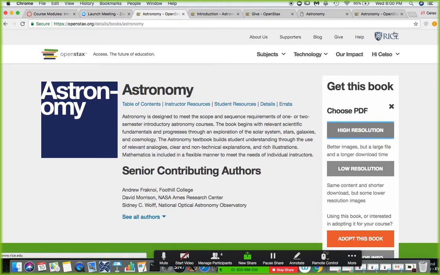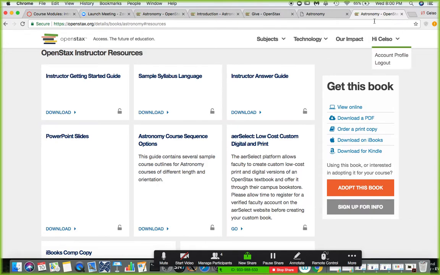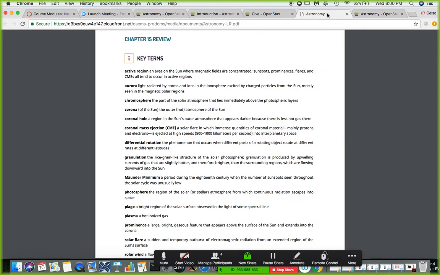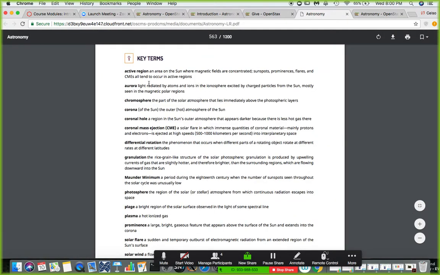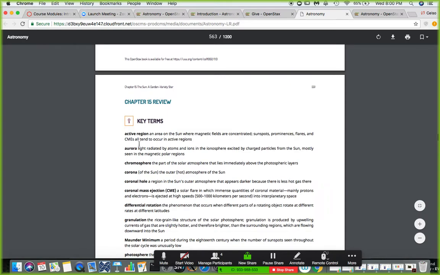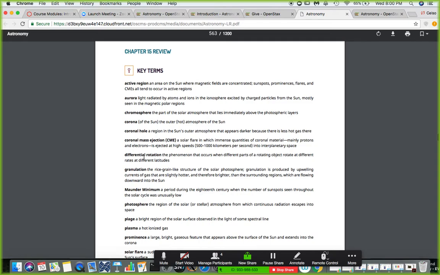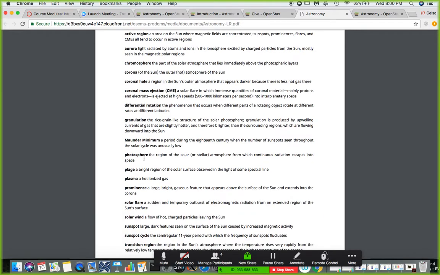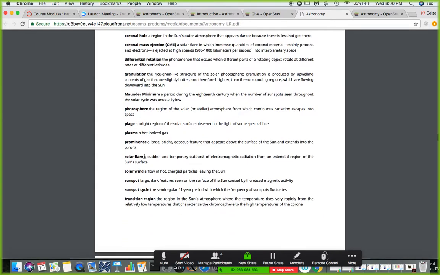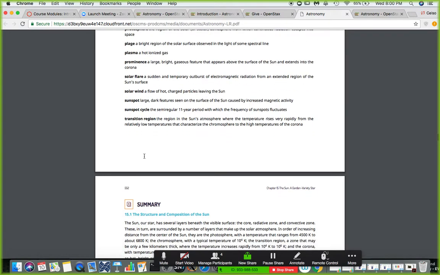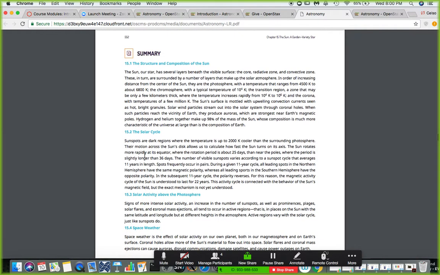Choose the low resolution because it's faster. And then you're going to have this here. So go to the chapter and key terms. Those are key terms that I will ask questions about, so it's good to know what they are. And you have a nice summary here. See that?